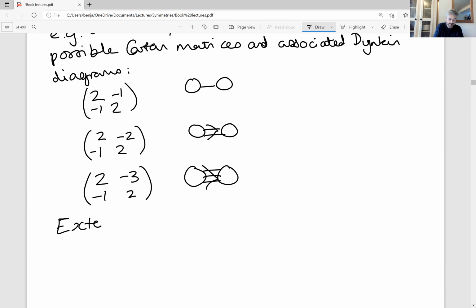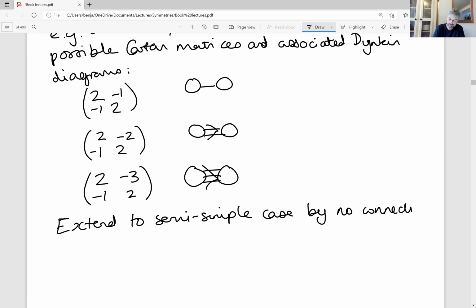We extend Dynkin diagrams to the semi-simple case by no connection. So if 2 of the simple roots commute, then you just have no connection between them.